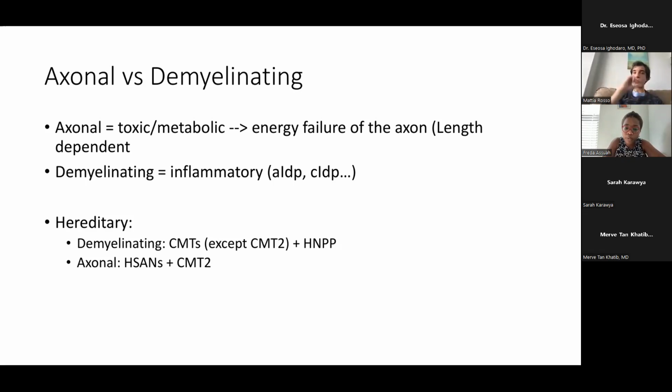It's one of the proteins of myelin. And if there is a duplication, the presentation will be a hereditary neuropathy in the CMT family. Otherwise, if they have a deletion, it'll be HNPP. And then finally, there are some other axonal neuropathies in the hereditary group.